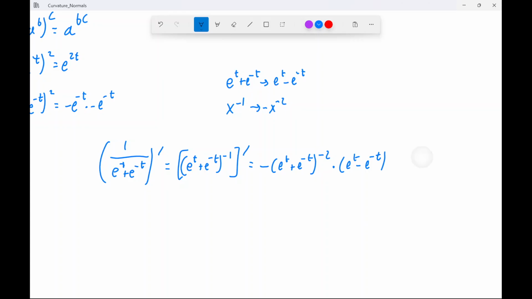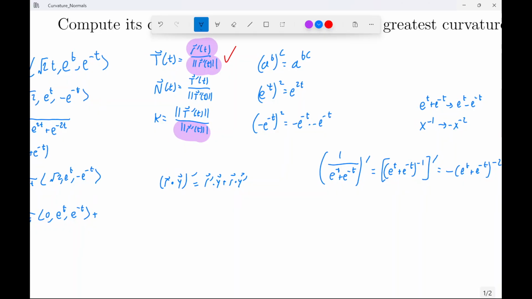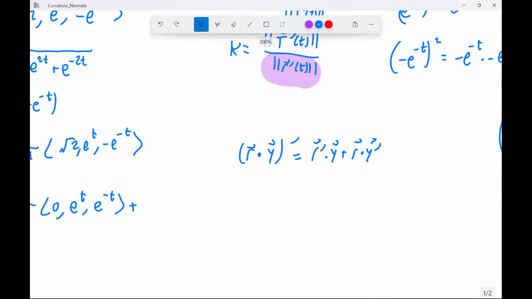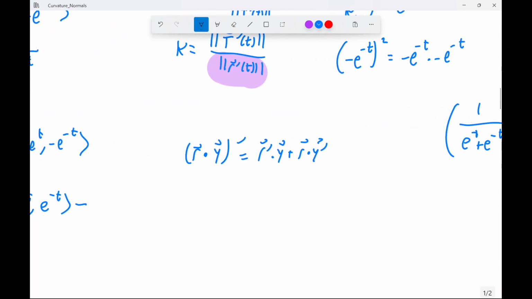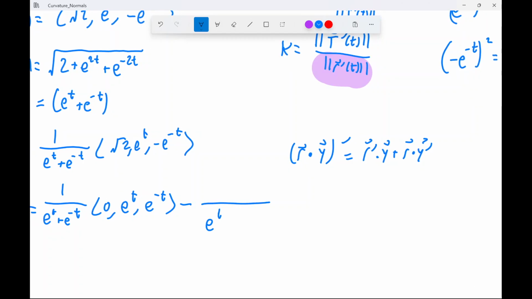And I don't think there's a way to simplify that. So I'm going to put that in here. Instead of plus, it's minus because of that negative sign. And we'll have e to the t plus e to the negative t squared, e to the t minus e to the negative t.